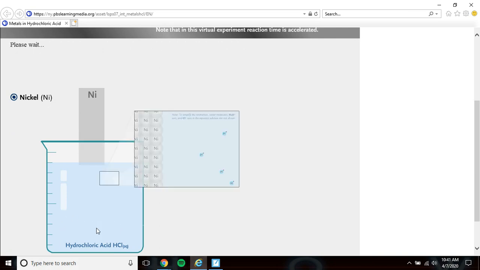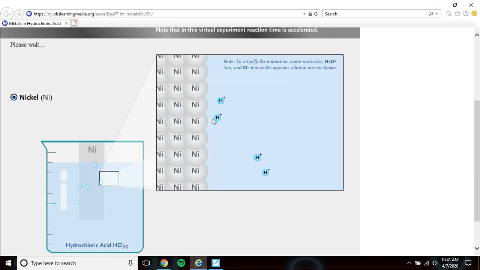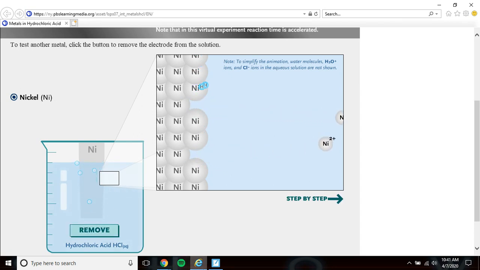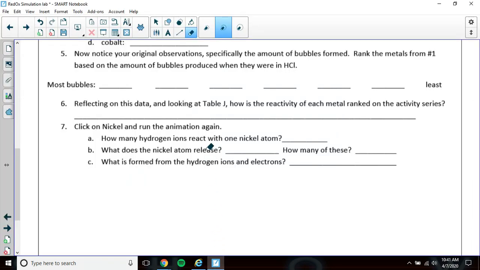So let's see, I have 1, 2. 2 hydrogen ions react with 1 nickel atom. What does the nickel atom release? Electrons. How many? 2. What is formed from the hydrogen ions? H2, hydrogen gas.